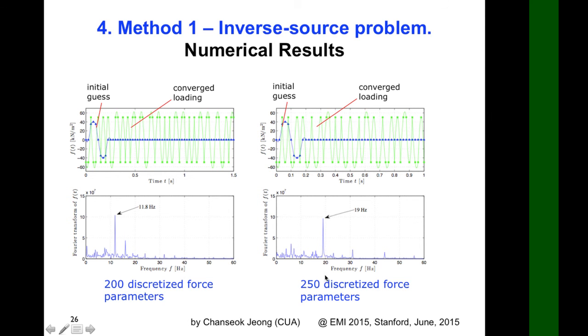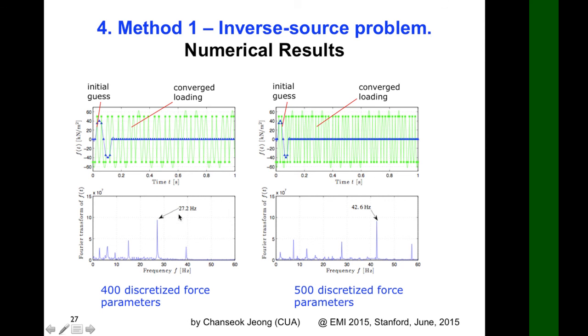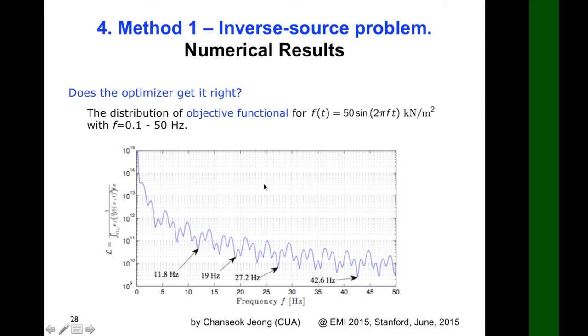And if we increase this number of force parameters, we ended up with the optimal loading signals of higher frequency like this. And here, this is our plot of objective functional by using the sinusoidal loading for different frequencies.